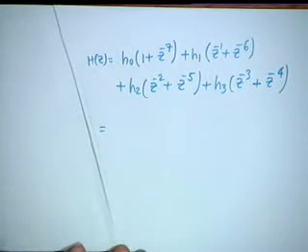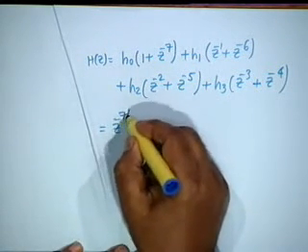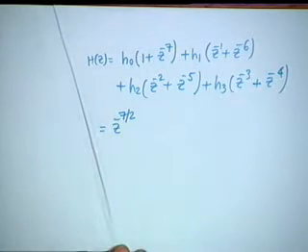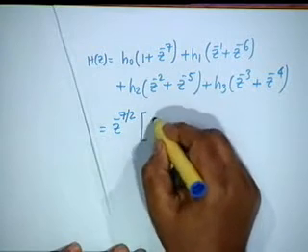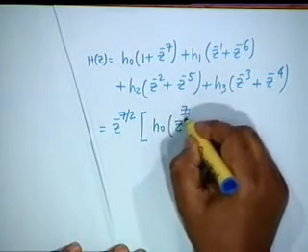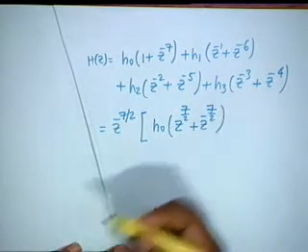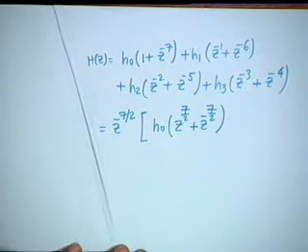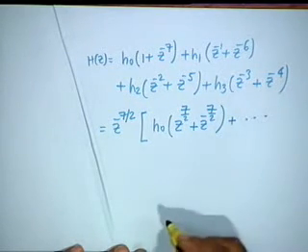And what I can take out now is z to the minus 7 by 2, all right, z to the minus 7 by 2, that is 3.5. Then what do I get? h0 (z to the plus 7 by 2 plus z to the minus 7 by 2), all right, plus etc. You can fill up the terms.